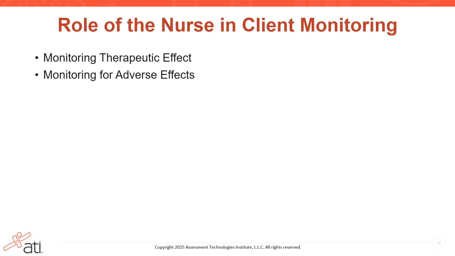The other thing is monitor for adverse effects. So most of us are going to have some type of side effects to some medications. Side effects are okay. Side effects are, maybe I get sleepy after I take a medication. That's a side effect. It's not going to harm me if I get sleepy, but we know that most people, when they take this medication, get sleepy.